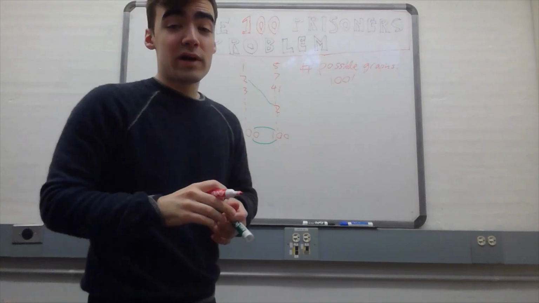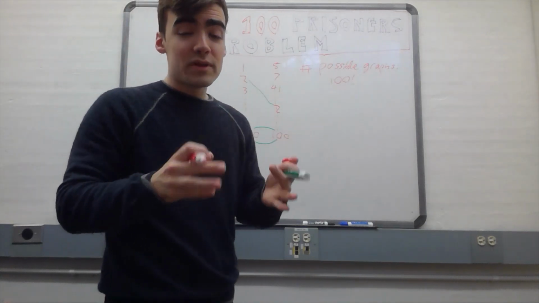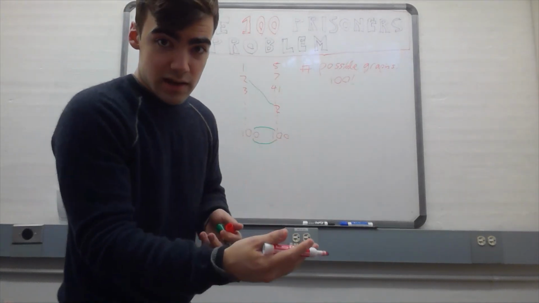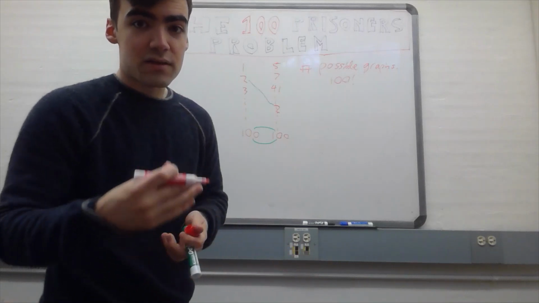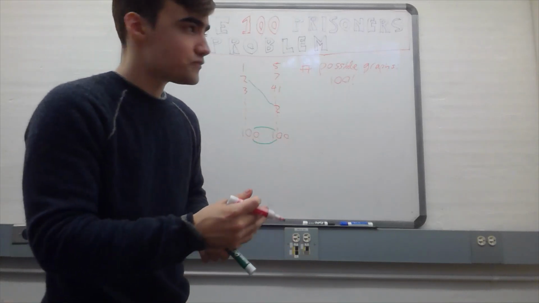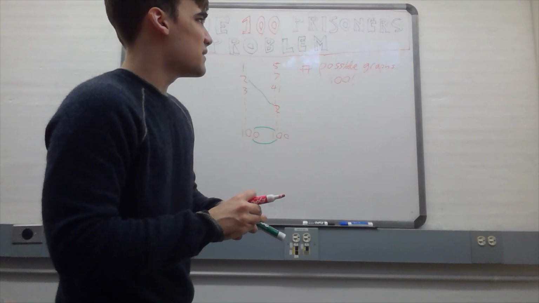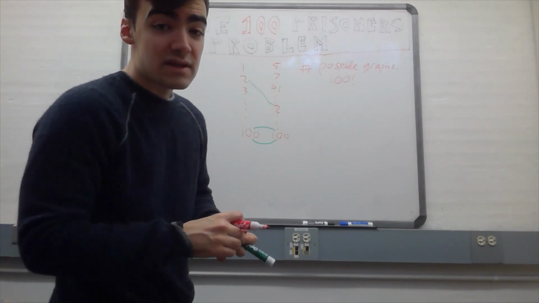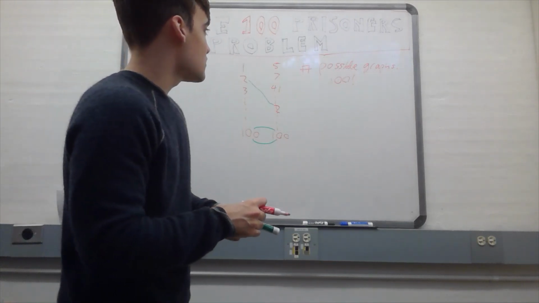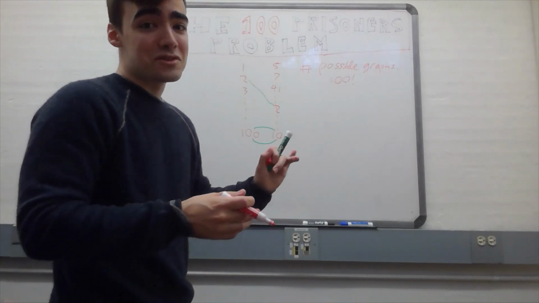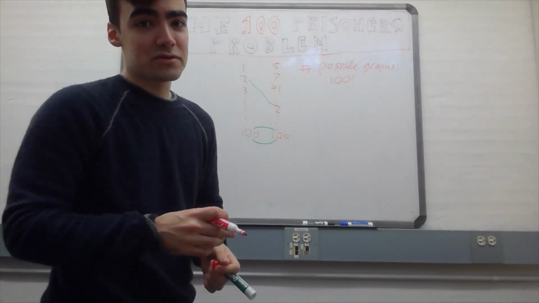Now, if we want to get the probability of there being a loop of length 51 or greater, then we want the number of possible graphs that have a loop of length 51 or greater. And then we're just going to divide that by 100 factorial.